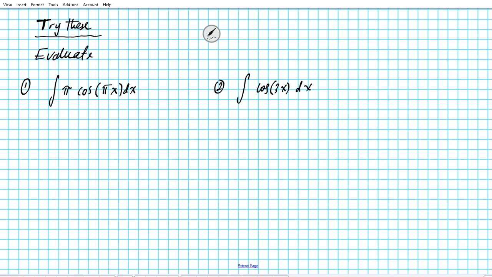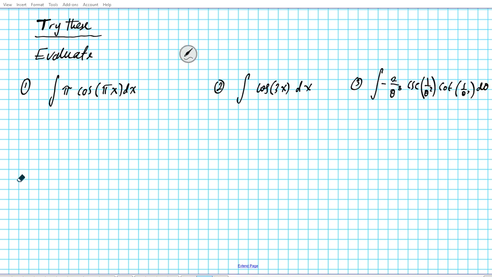Number 3, what if you were to evaluate the integral of negative 2 over theta cubed, cosecant of 1 over theta square, cotangent of 1 over theta square, d theta? Alright, what if you were to evaluate that?